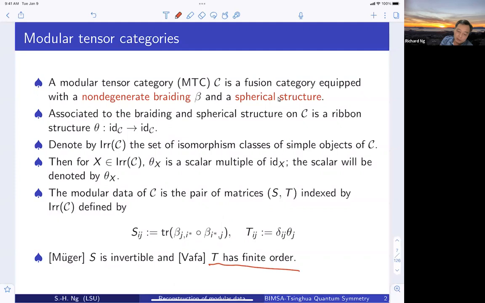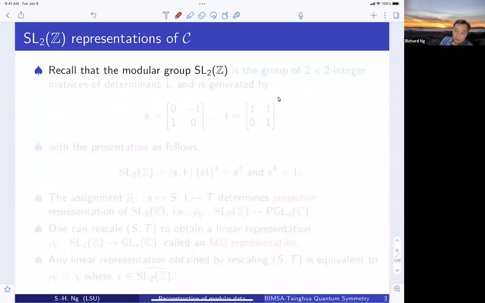And then S must be invertible. The notions of invertible S matrix and non-degenerate braiding are in fact equivalent, which was proved by Müger. So these results allow us to define a representation of SL2Z, which is also called the modular group. So that's why we call it modular tensor category.